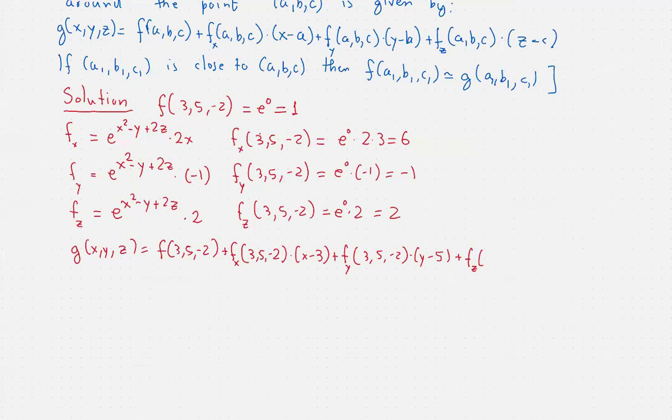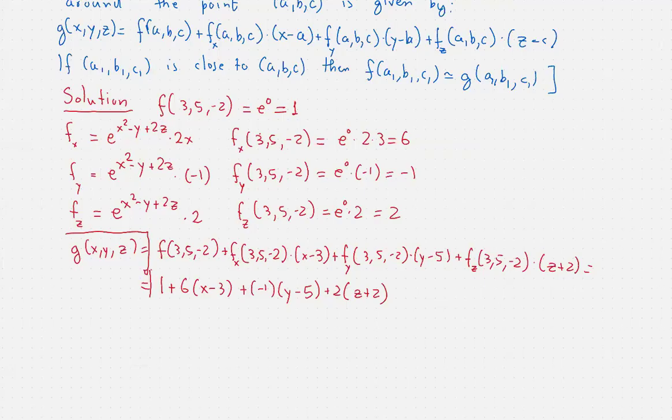And now if we plug in the specific values, we're going to find 1 plus 6 times (x minus 3) plus -1 times (y minus 5) plus 2 times (z plus 2). And that's it. That's our formula. So the linear approximation is equal to this.